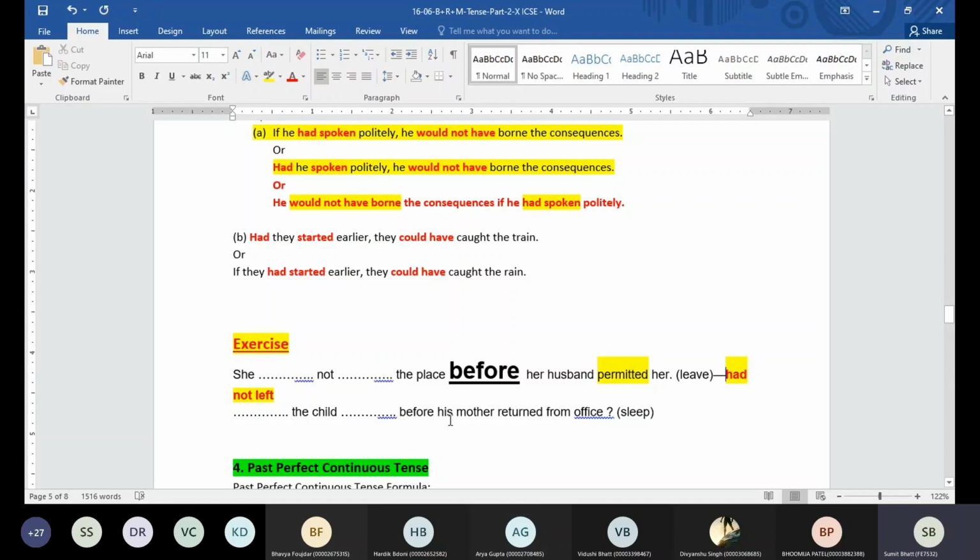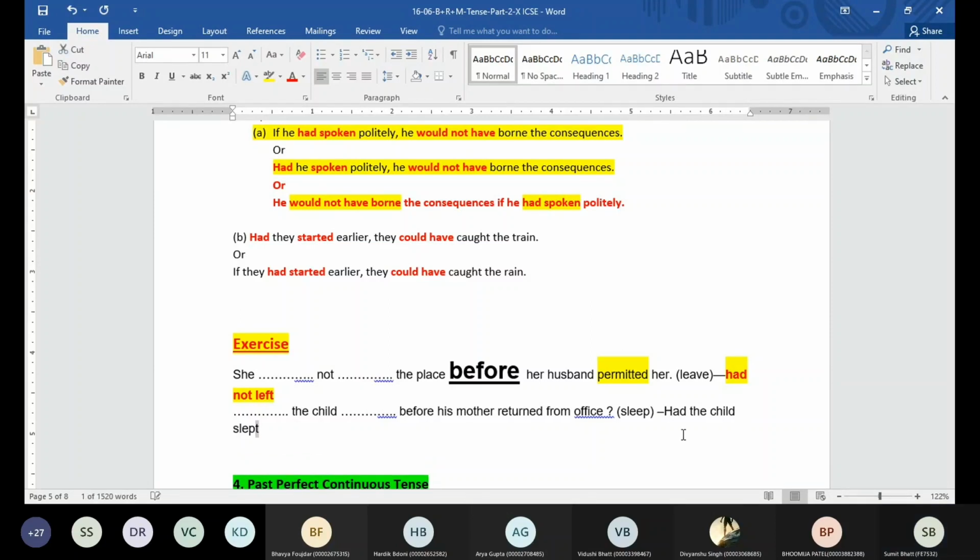Like dash the child before his mother returned from office. What I'm going to say? Had the child slept. Very good. Okay, had the child slept is going to be correct. Why not simple past?